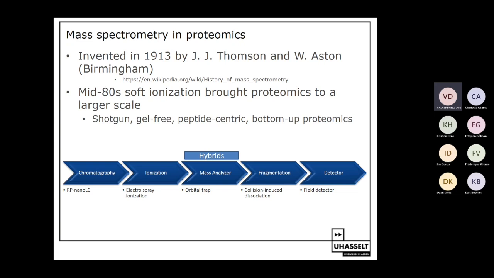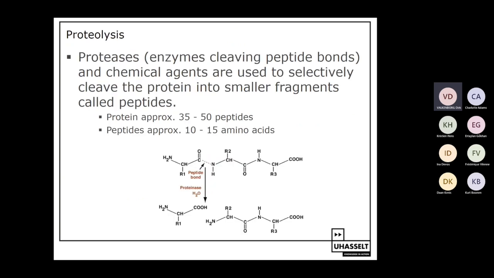So why do I call it bottom-up proteomics? That's because in this technology, we will not analyze the proteins in their intact or native form. So we will actually not try to identify the protein directly. We will try to identify the protein by their peptide homologies. What does that mean?